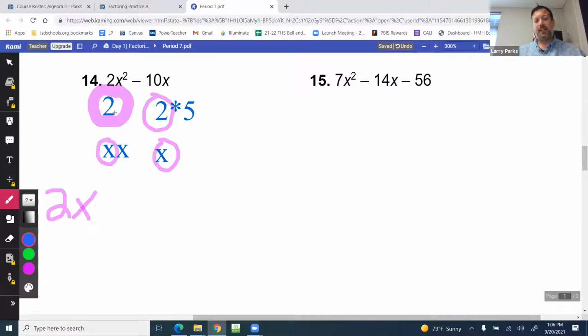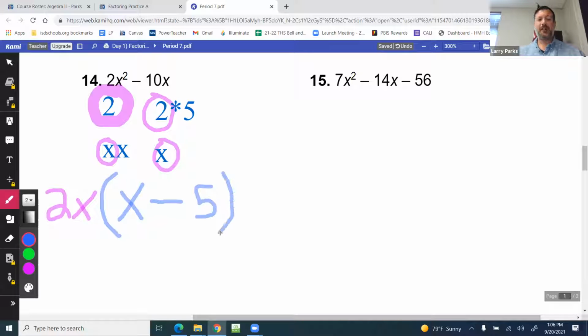And then I circled 2, I circled an x, but they both don't have a 5, and they both don't have another x. Now, if I had circled 2 x's, instead of putting x and x, I'd put x squared. Inside, I put down what's left over. I already circled that. I already circled that. I did not circle that, so that'd be x. Bring down my operator as a minus. And then I did not circle 5.